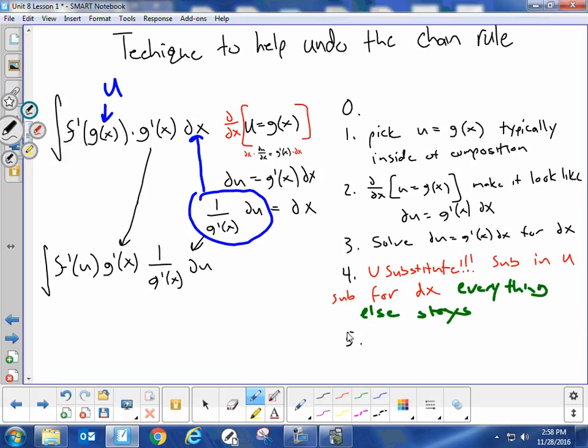If you selected the correct u, you will see stuff cancel. And you will be able to take the antiderivative of this new function with just u's.